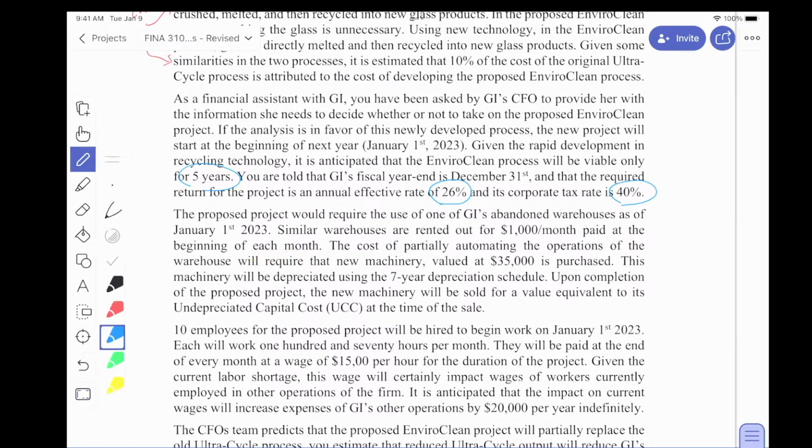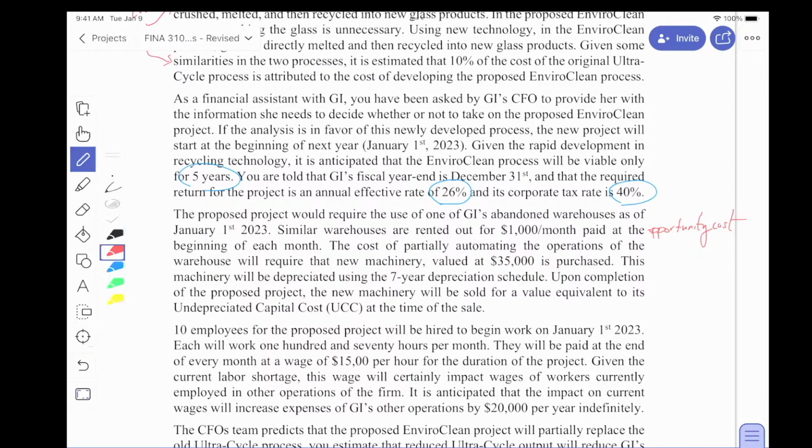So this is an opportunity cost. And you see, some of the cash flows to consider are annual, some of them are monthly, and this is encouraging you to use annuities to solve this problem, not an Excel spreadsheet.